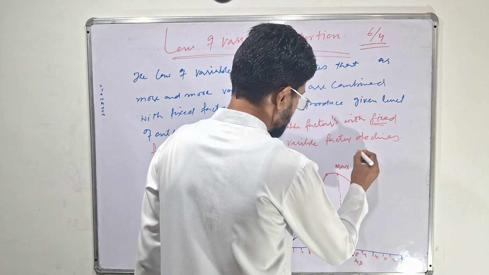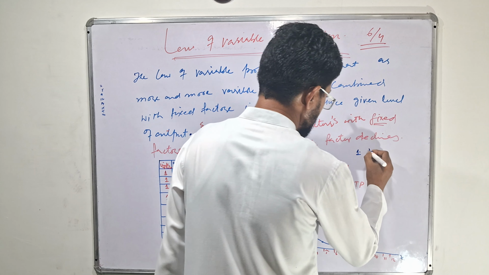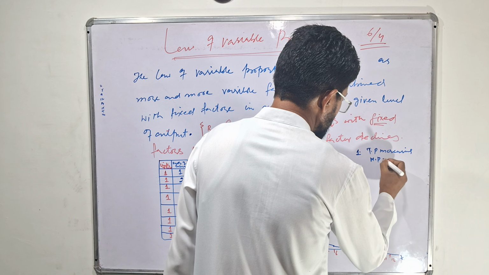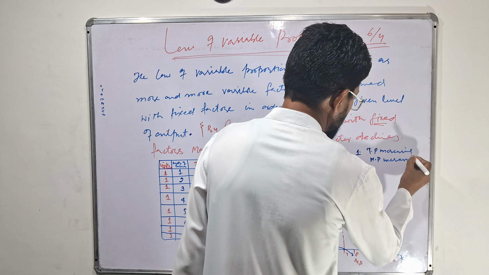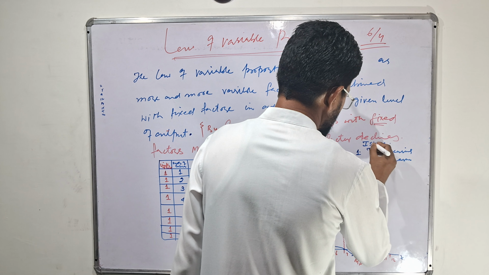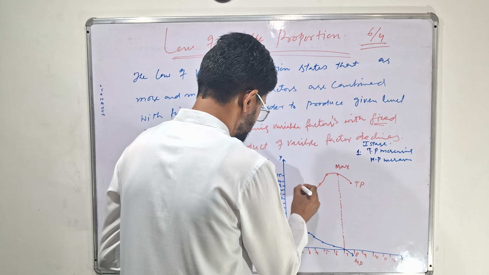First one, for understanding purpose: as total product is increasing, marginal product is also increasing, in the first stage. This we call the first stage. This is first, this is second, this will be third stage.